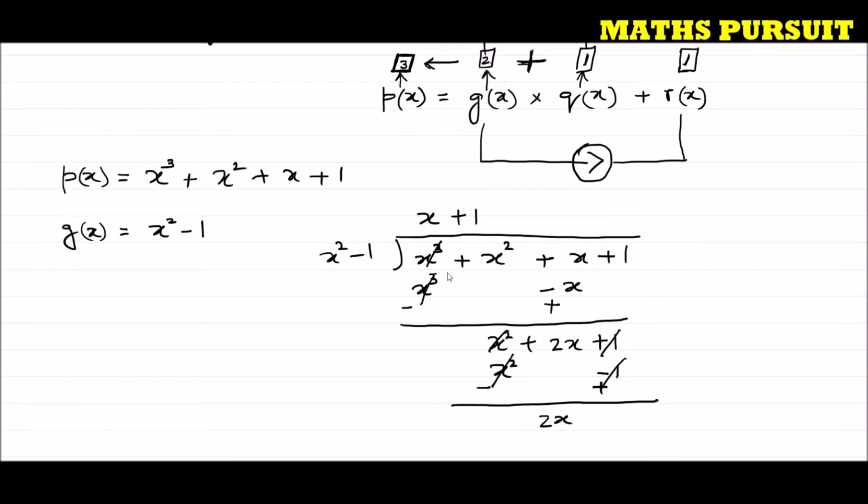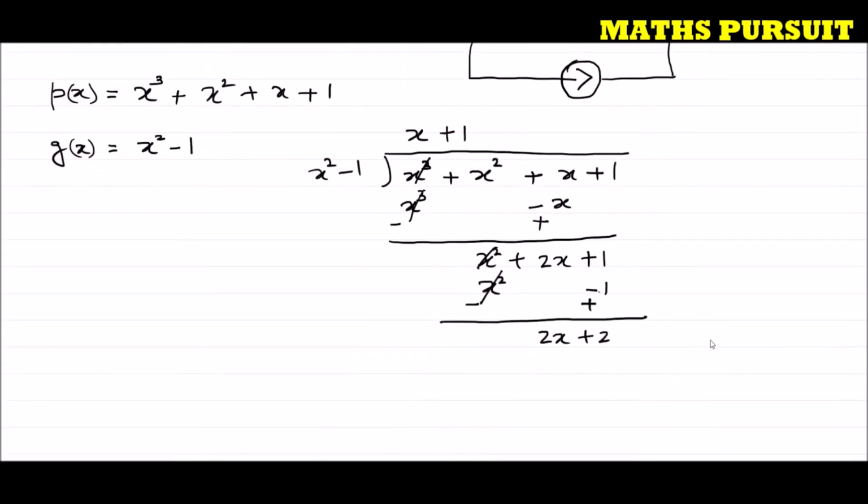Sorry guys, here we got 2x plus 2, because we changed the symbol, so here plus 1 and plus 1 became 2. Now as I told you earlier, our division process will stop whenever we see that the remainder is less than the divisor.